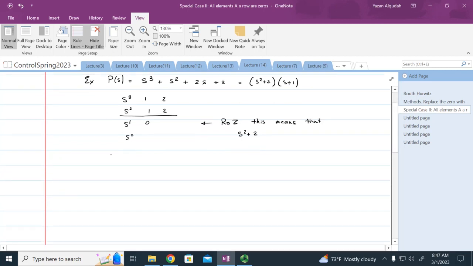So when we have a row of 0, this means P of s, the polynomial, contains an even polynomial as a factor. And we're going to refer to this polynomial as the auxiliary polynomial.